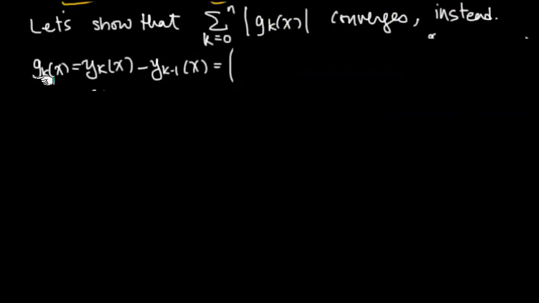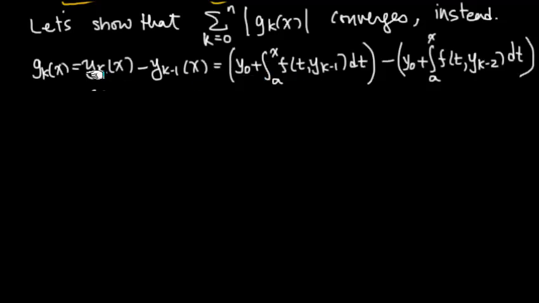So by definition, here's gk, the difference of yk and y_{k-1}, and this is going to be rewritten using the Picard iteration. So a statement about this one is going to be stated in terms of k minus 1 and k minus 2, as we apply the Picard iteration, namely the definition of yk and y_{k-1}.